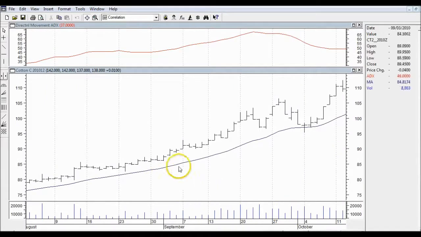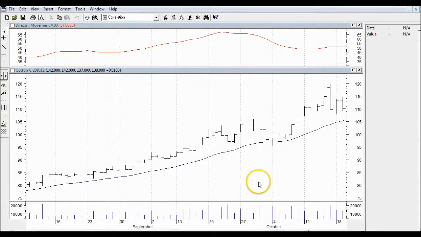As you can see, it's in a significant uptrend here, as indicated by our 20 period exponential moving average, and what we look for is a reading in the 14 period ADX, which is up here, of 30 or higher.